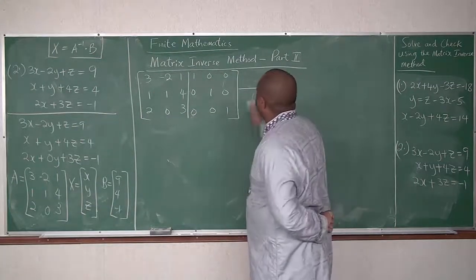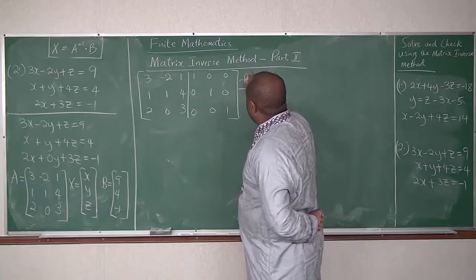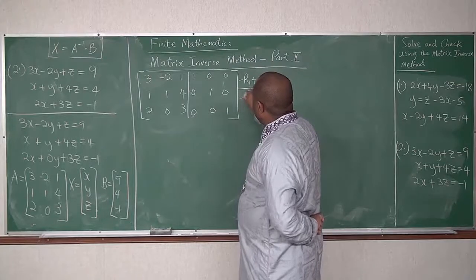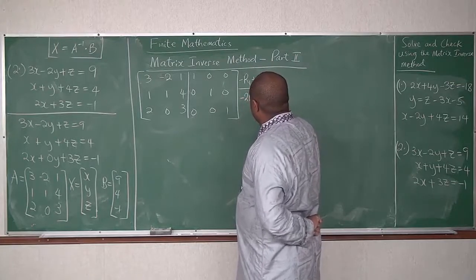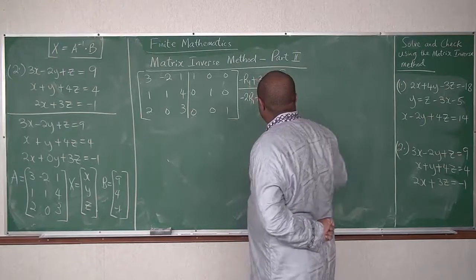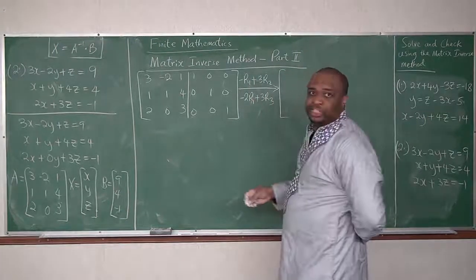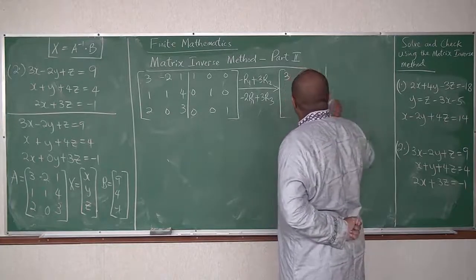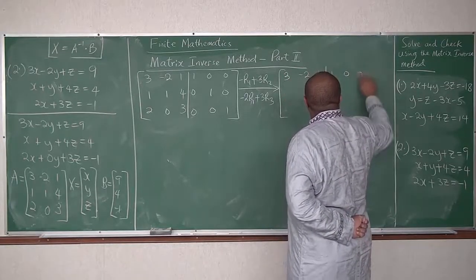The operations: negative R1 plus 3R2, negative 2R1 plus 3R3. So we have R1 unchanged: 3, negative 2, 1, 1, 0, 0.